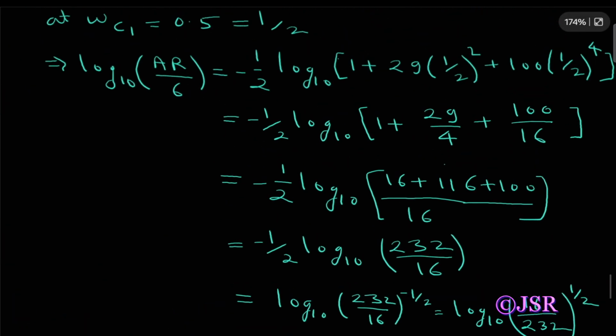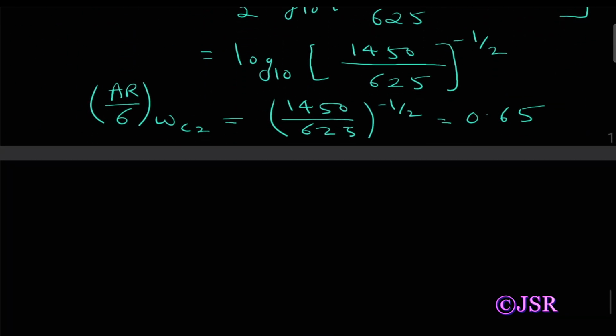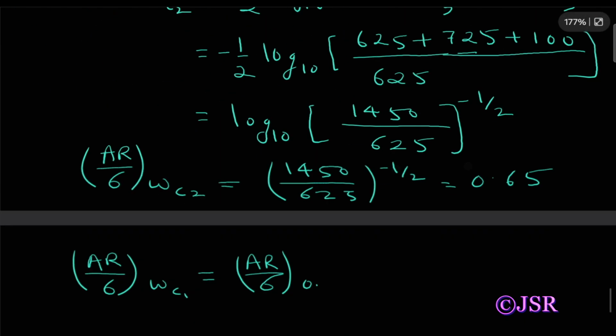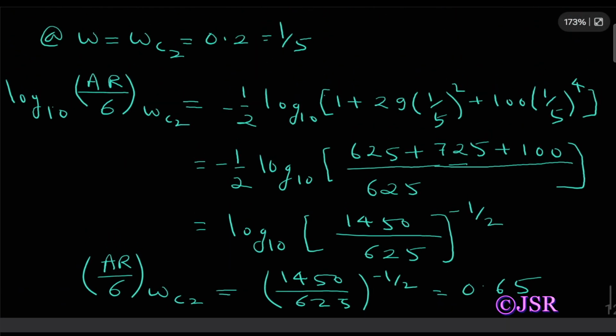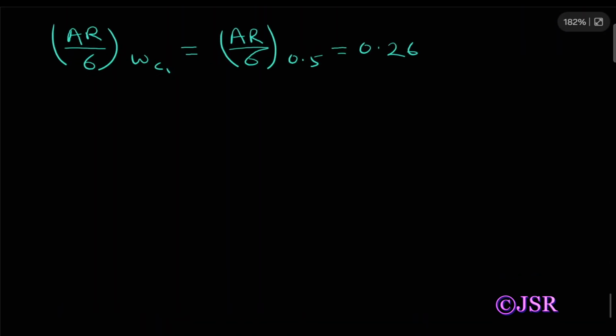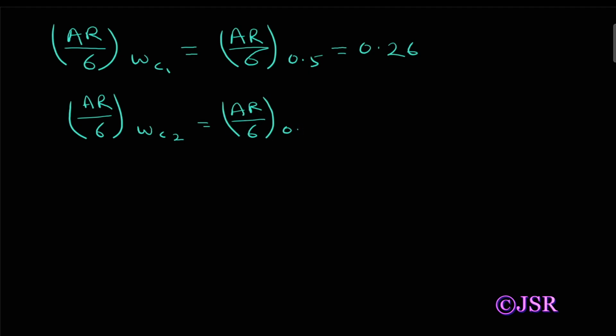So overall, the AR by 6 at omega c1, that is 0.5, is 0.26, and AR by 6 at omega c2, that is 0.2, is equal to 0.65.